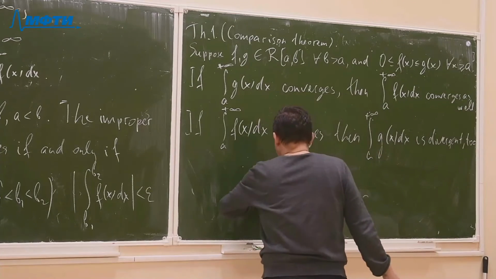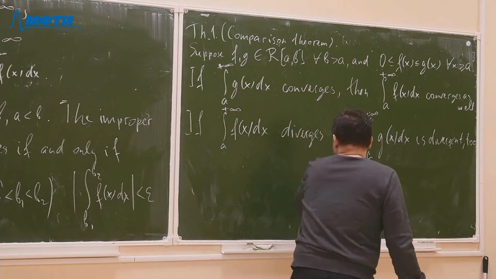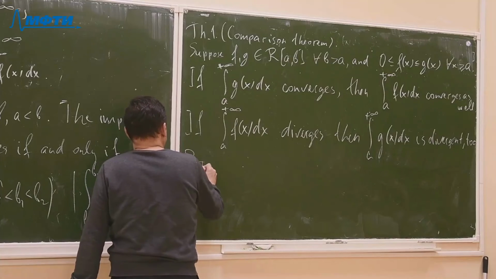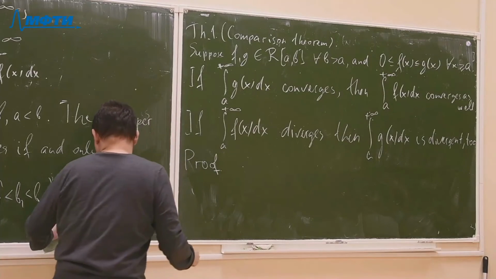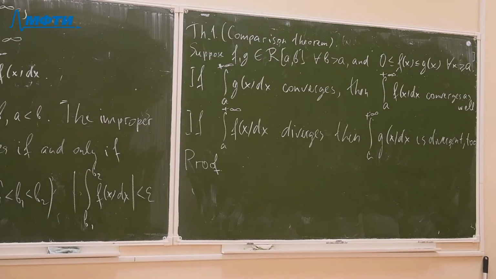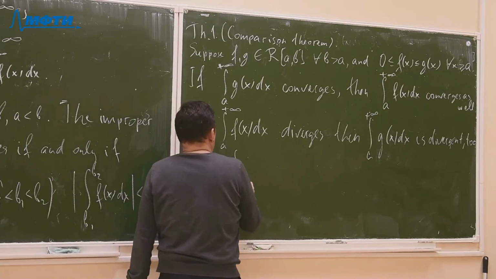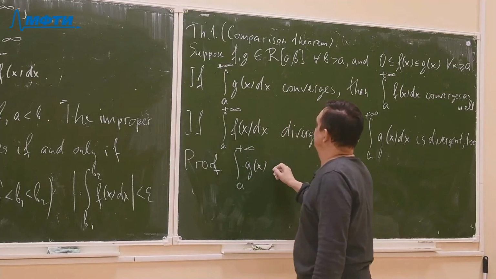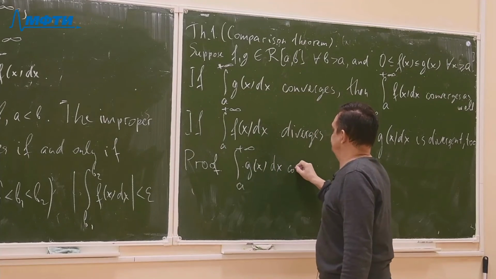But formally, to prove it, we need to refer to the Cauchy criterion. So, proof. Look, for example, let us proceed with the first part. The integral converges.